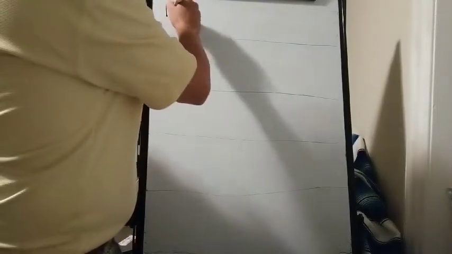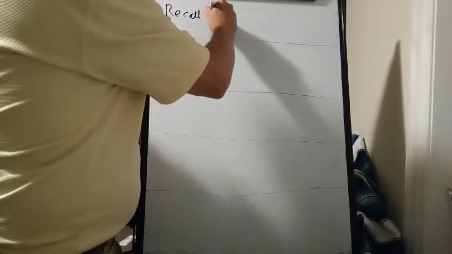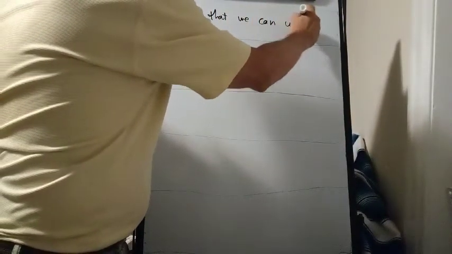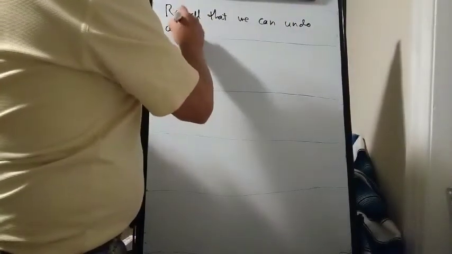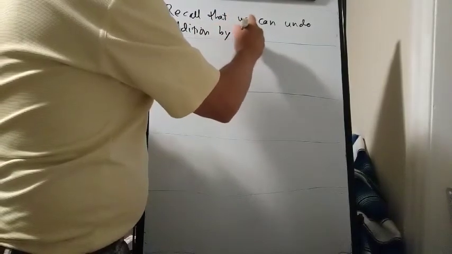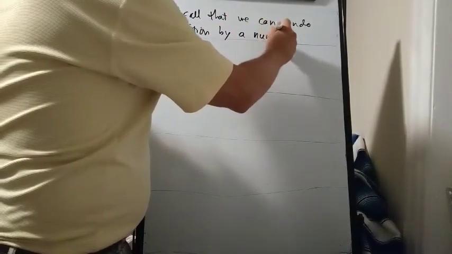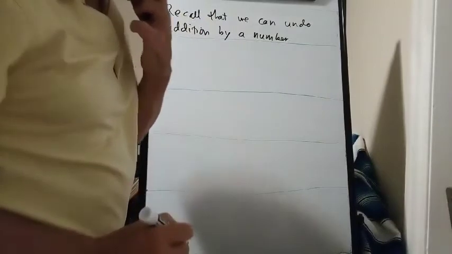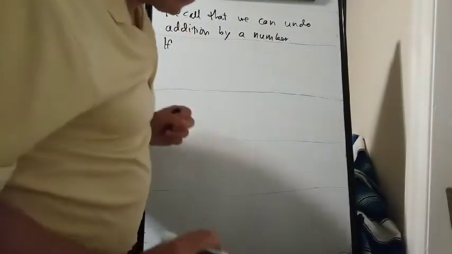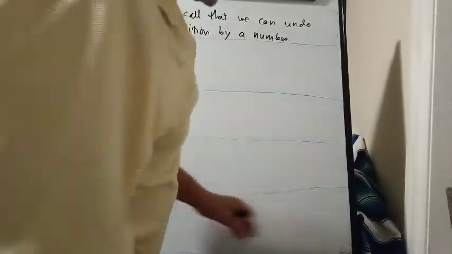So let's remember how division works with numbers. First of all, recall that we can undo addition by a number by subtracting.